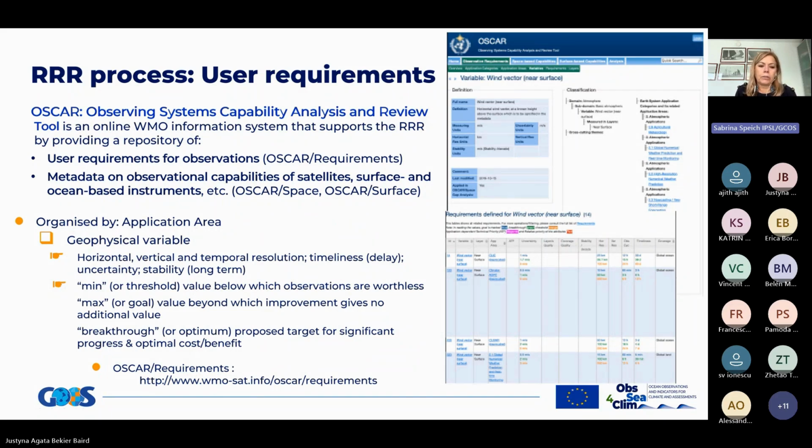And then it also lists all the metadata on observational capabilities of satellites, surface and ocean-based instruments, and this is in the space and surface directories. This process ensures transparency and accessibility of requirements and capabilities. It provides a central reference for observation planning, gap analysis, and system design, and helps space agencies, national meteorological services, and national agencies and governments, together with other stakeholders, to coordinate investment. So next slide, please.